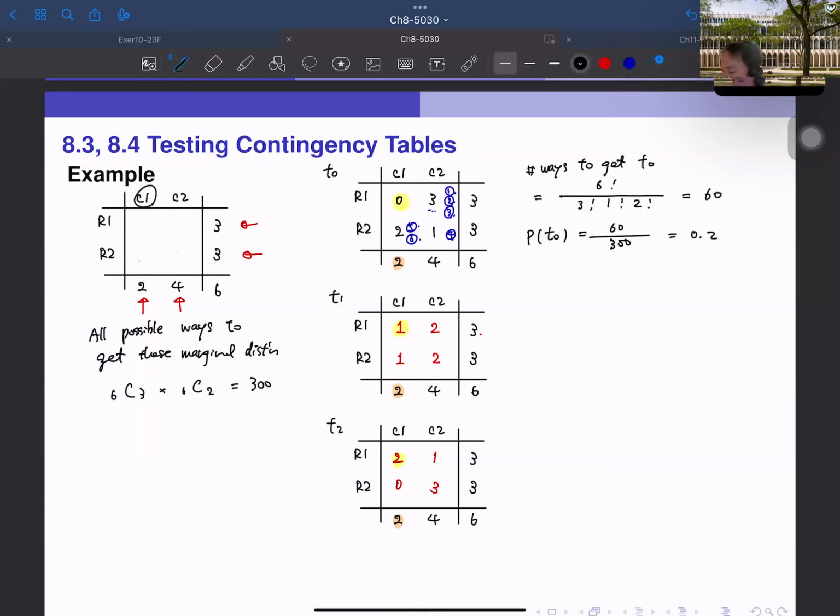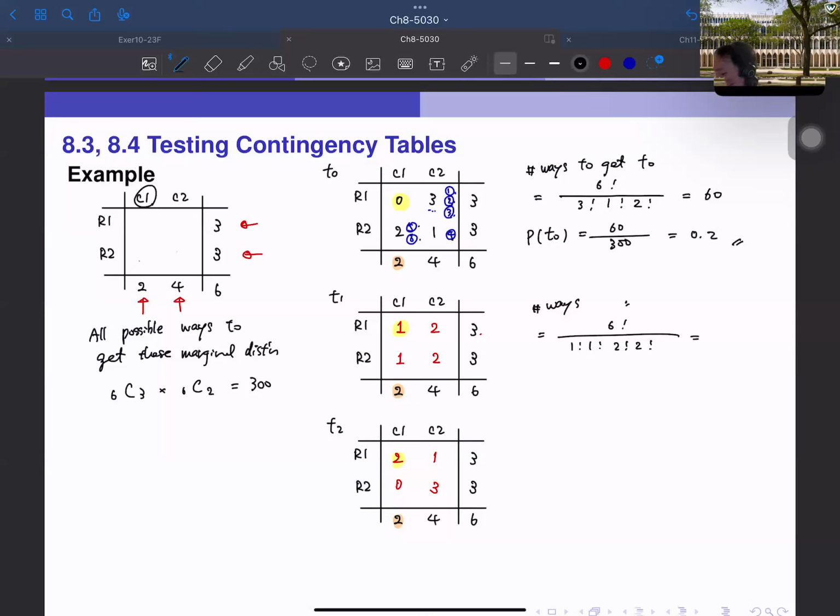And you can calculate this probability for other tables as well. The probability of the second table will appear more often, you can see, because it's more balanced. So it's actually the independent case for rows and columns. The number of ways to get this table is 6 factorial divided by 1 factorial, 1 factorial, 2 factorial, 2 factorial, in the same way as the first table T0.